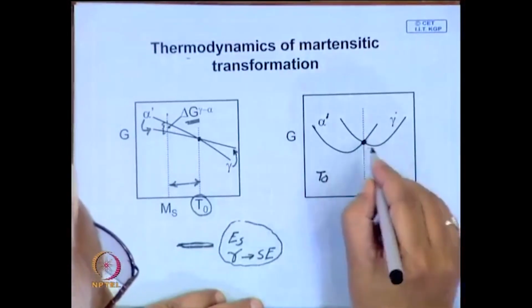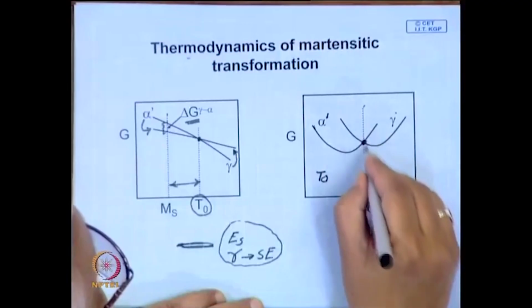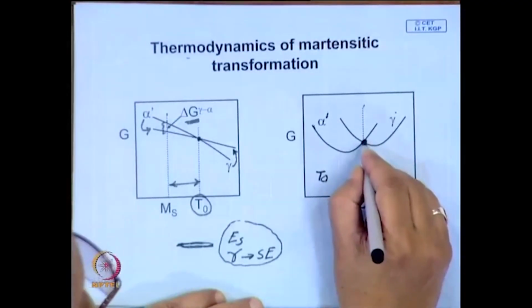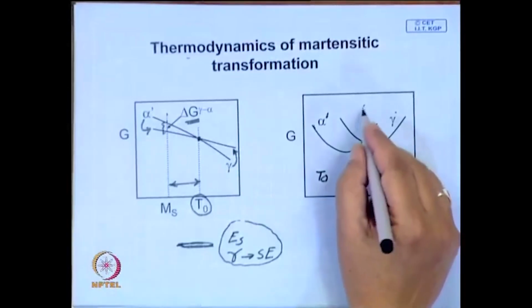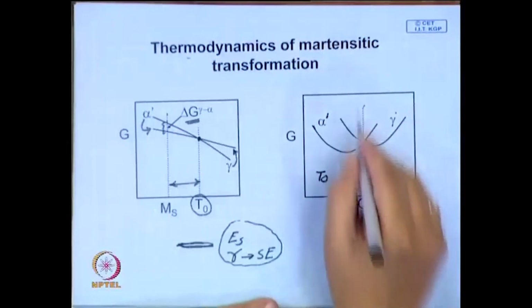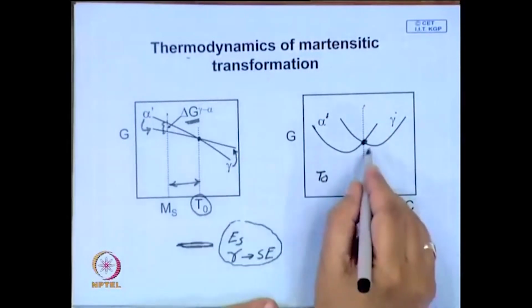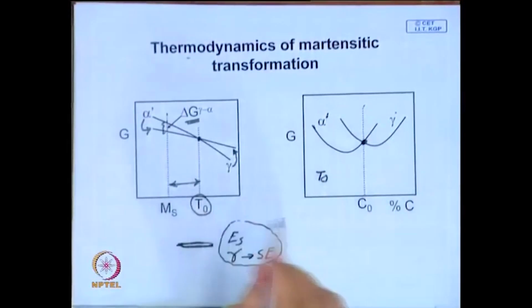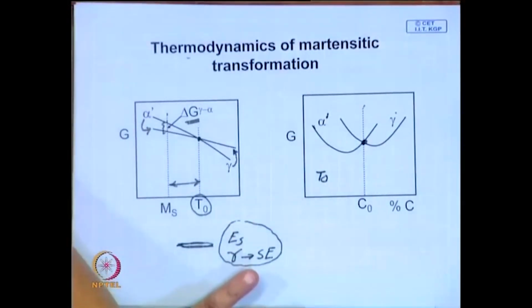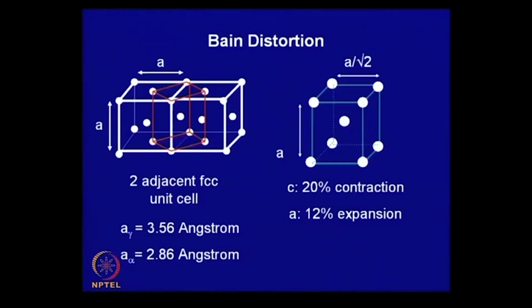Here, for this particular composition C0, if you cool, it is possible to suppress precipitation. But this does not happen at this particular temperature. You have to undercool.